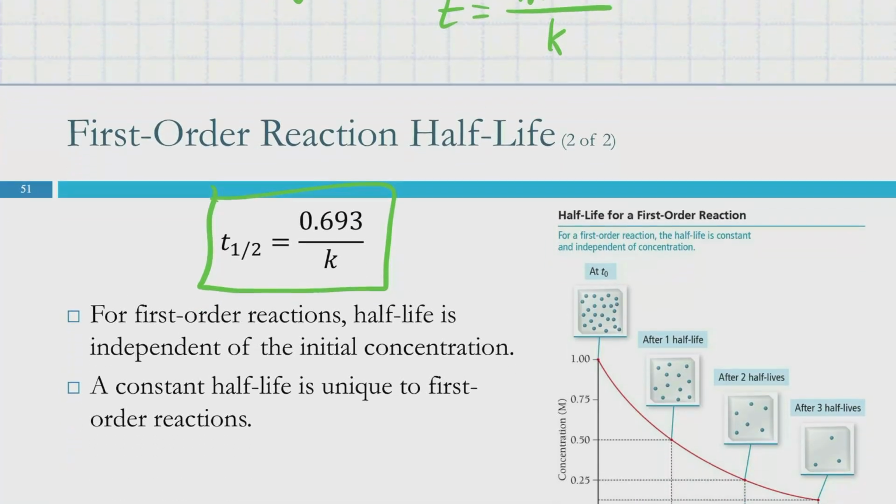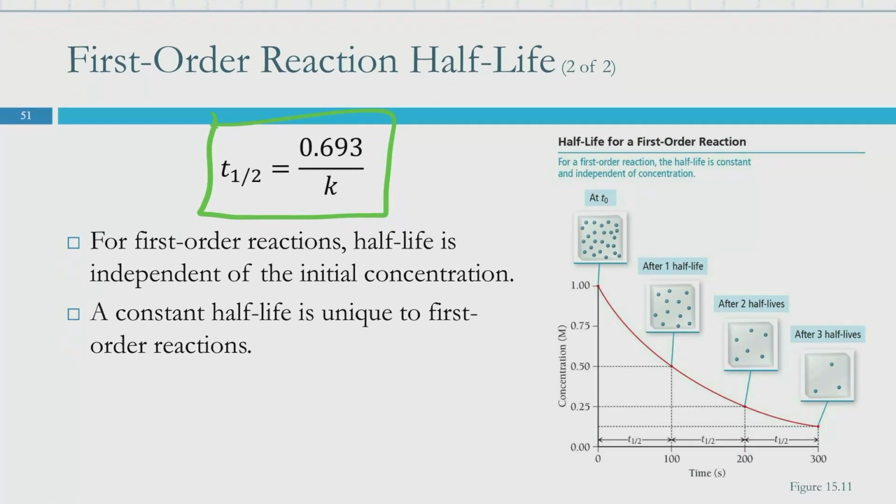The 0.693 is really fun and all. I think it's helpful to remember that it's got a natural log of 2 or natural log of 0.5. I think that's nice. So you can also do that. But you should recognize that the 0.693 is related to the natural log of 1/2.